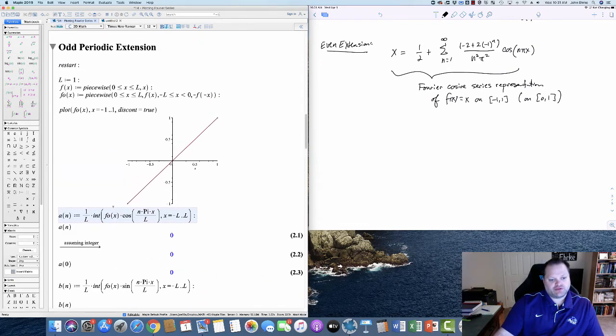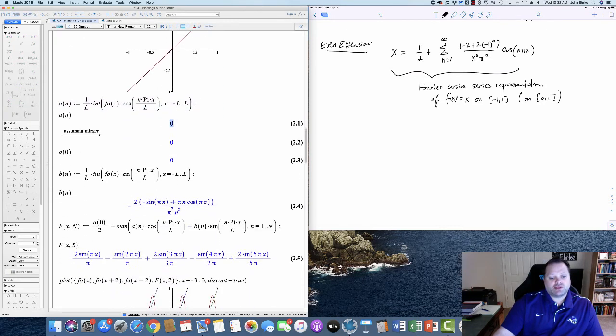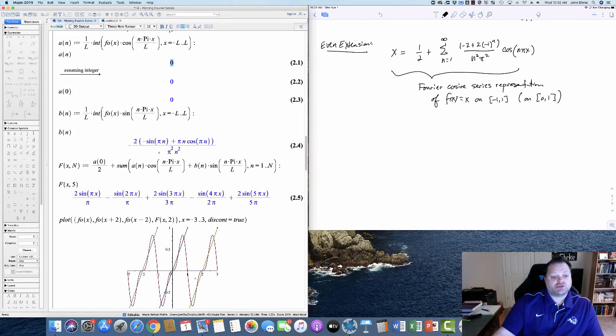Once again, the reasoning for that: an odd function, which the odd extension definitely is, times an even function is odd. So odd times even is odd. And because we're integrating on a symmetric interval, those coefficients go away. So it's actually the Fourier sine coefficients that survive. And here's what that looks like.